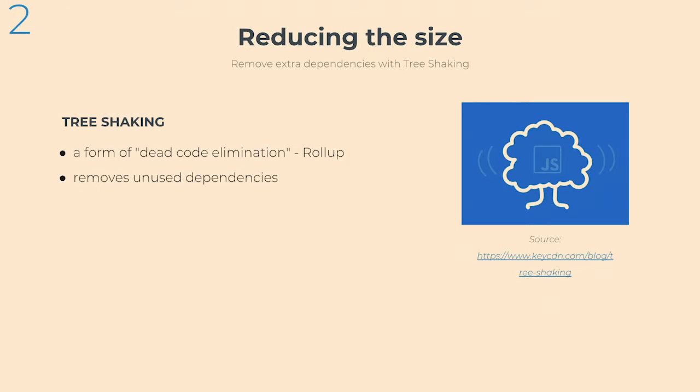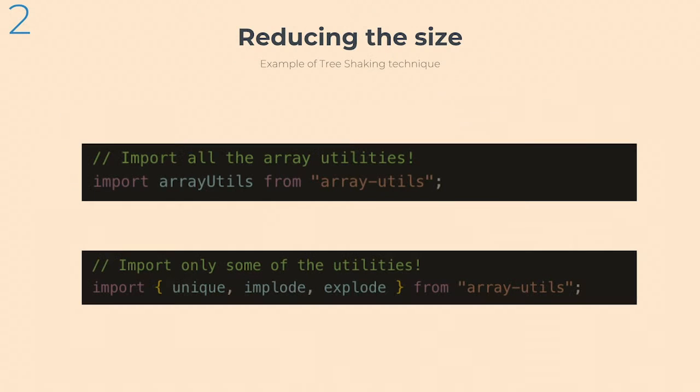So to solve this problem, we rely on tree shaking, right? Here's an example of what it actually means. We have this import of array utilities, where we don't want to use the whole package, but just want to use single tools from there. So we just import the ones that we need. And by that, we eliminate all the extra functionality that is not needed by the site.